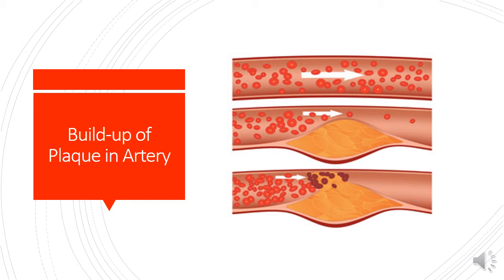So let's look in more detail how the plaque actually builds up. So here we have a healthy artery, we have normal blood distribution. Then we have the plaque. So remember, the plaque is due to the formation or the deposition of fat and cholesterol in the walls of the artery. What happens then?